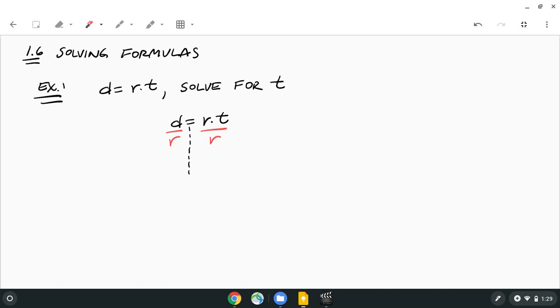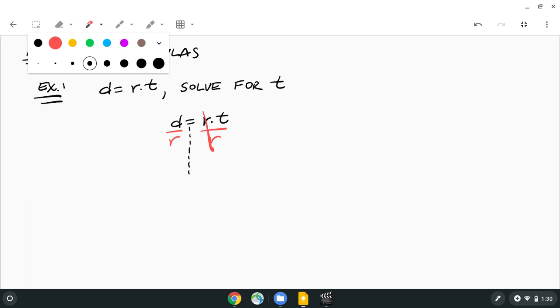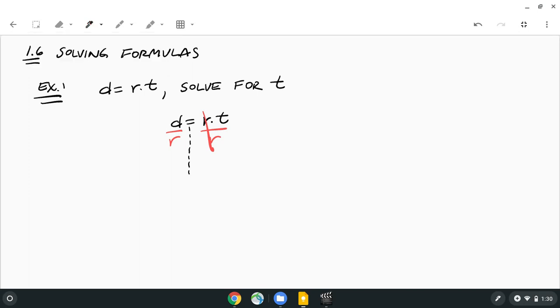Same thing here. It's just that number R is unknown, but it still represents a number. So here, R over R is 1. I get T by itself, that's what we want. And I get D divided by R on the other side.